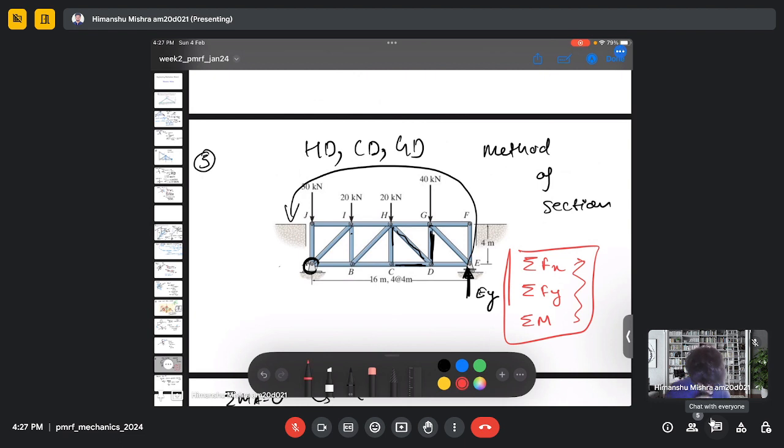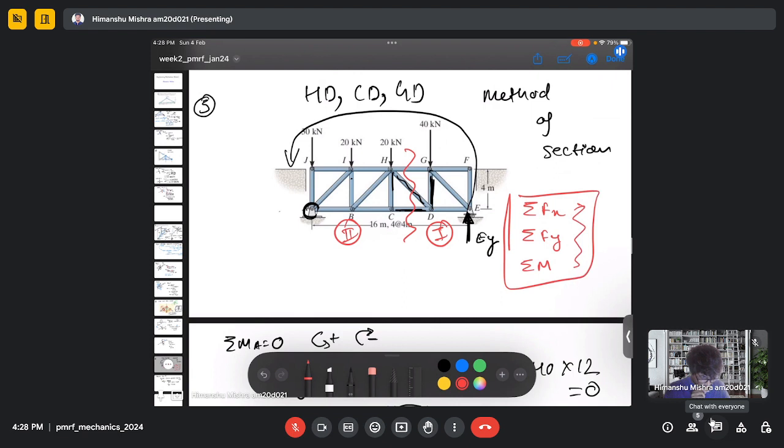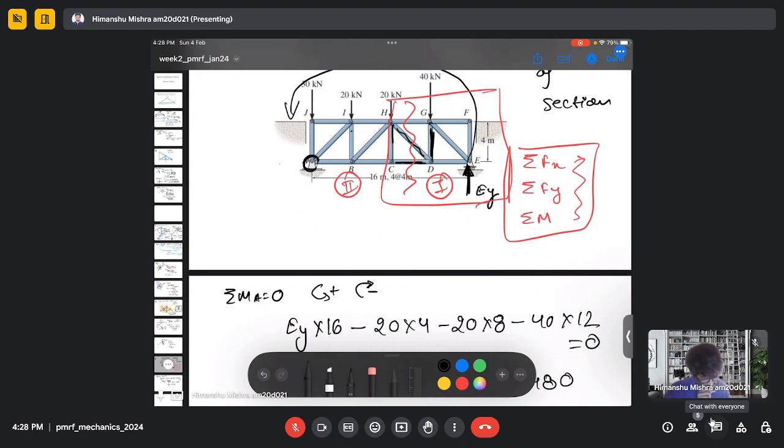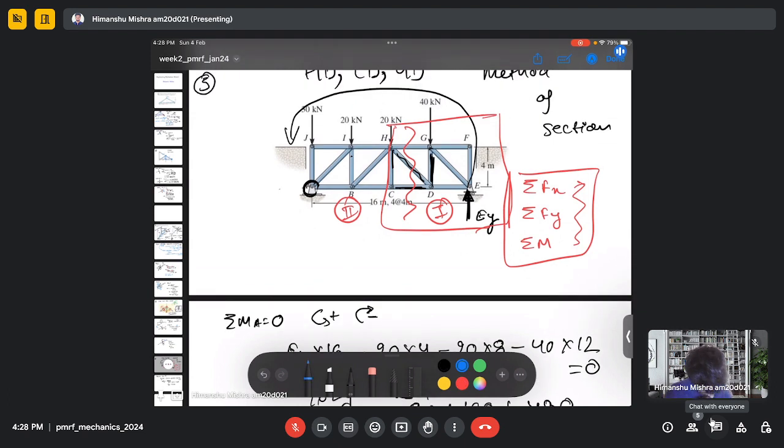So we cut the truss like here, and we cross three members, GH, HD, and CD. Let's say this is my part 1, this is the remaining part, and I am only considering this region of the truss. First, let's consider the moment around point H.